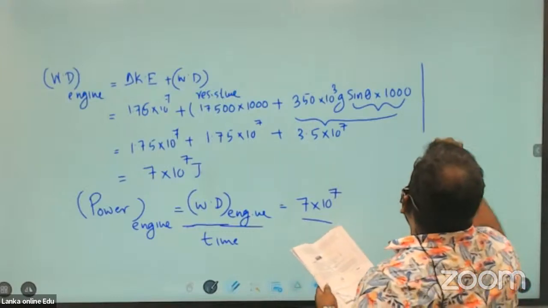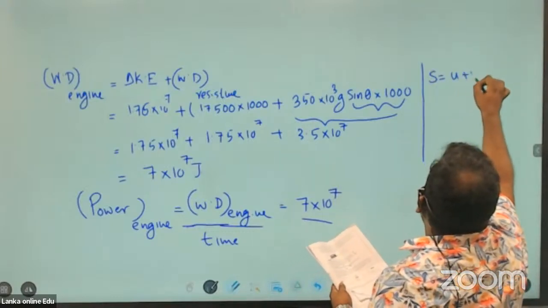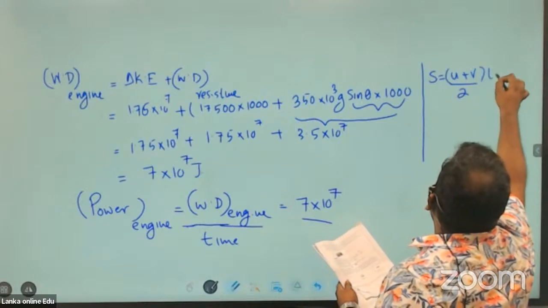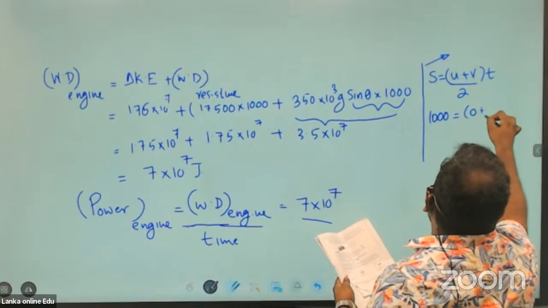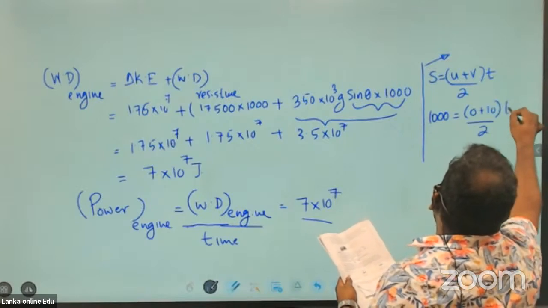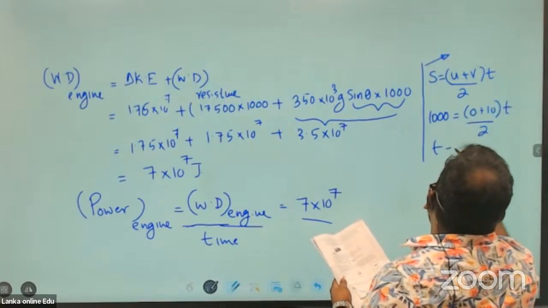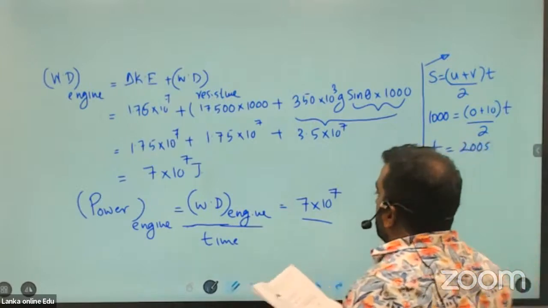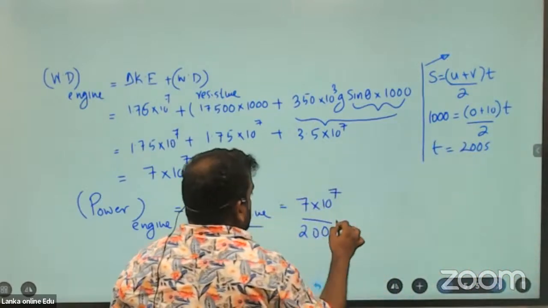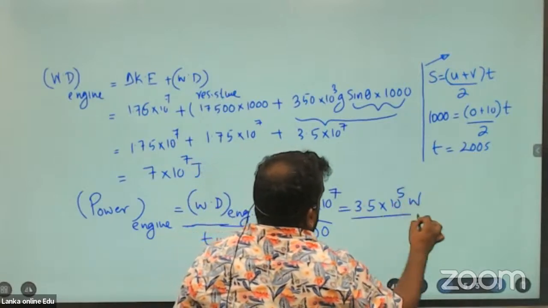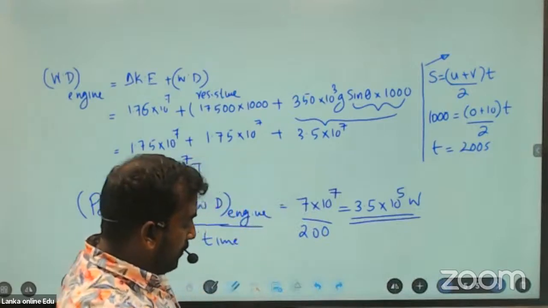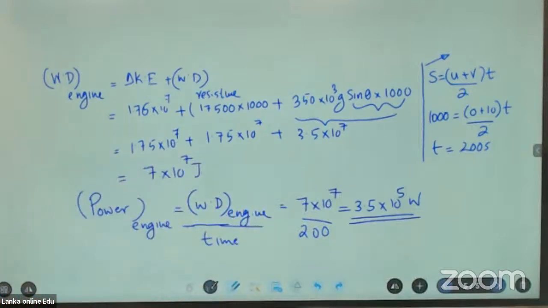You can do a calculation here: s equals (u plus v) divided by 2, into t. 1000 meters up the plane starting from rest, 10 over 2 into t. 2000 divided by that means 200 seconds. Substitute 200 seconds: 3.5 × 10^5 watts.